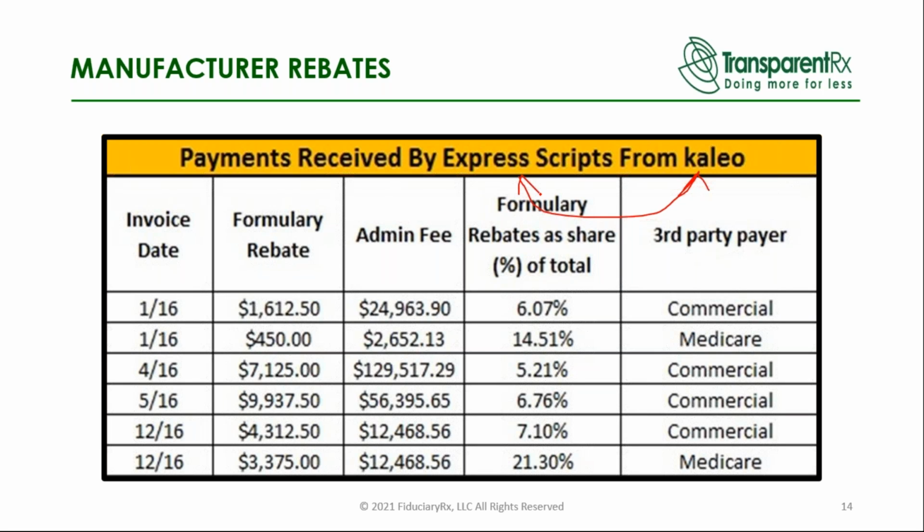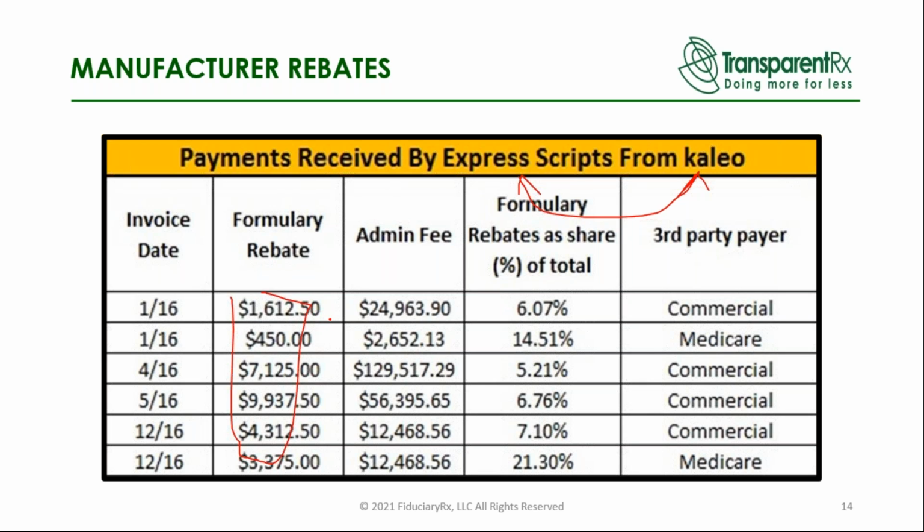Based upon those negotiations, the formulary rebates it was owed by month are here. But it also engaged in negotiations for a different type of rebate, or a relabeled rebate, administrative fees, which is different than the administrative fee I talked about earlier.